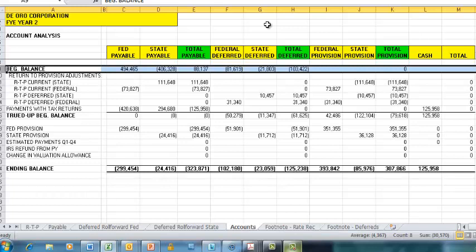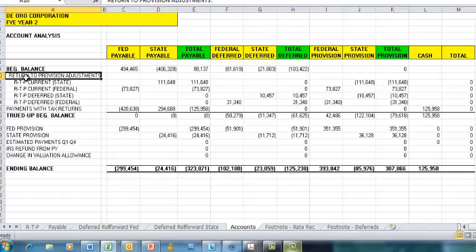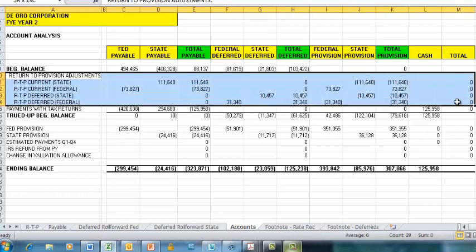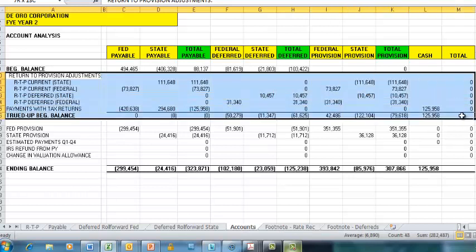Okay? So I start with the balances that I had last year, and then I think, well, gosh, I filed my return, so let me book all my return to provision entries, and let me fix last year in that section so I can explain what last year should have looked like at the end of the year before I move on and do my year 2 provision.